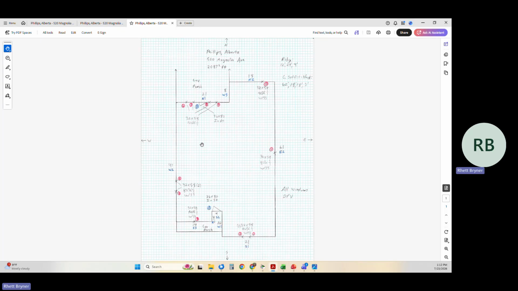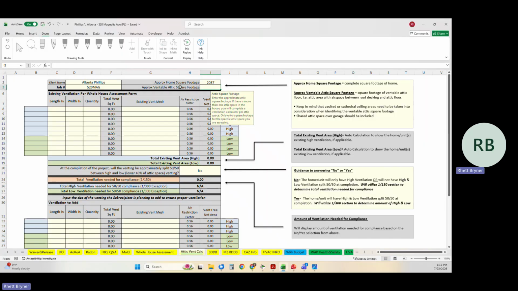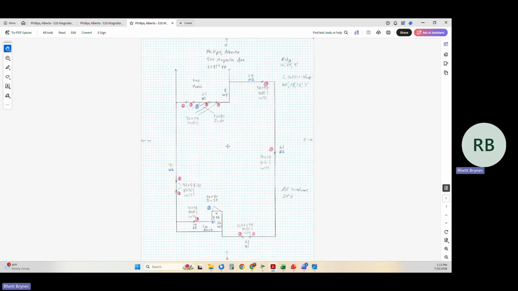Okay, so in this case, let's say you had a garage here, that would be subtracted from the square footage that you could do insulation on. But for ventable square footage, you're going to keep that. You're going to include it.